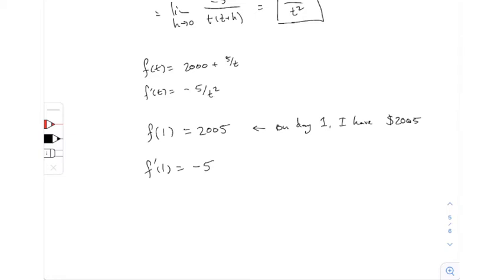And what that means is that is a measurement of how my account money is changing on day 1. So technically it means at the very beginning of day 1. So this one means on day 1, to be specific, I'm losing $5 per day, right? That's what the minus 5 there means. So technically it means at the moment of the beginning of day 1, like at time t is exactly 1, at that moment, I'm losing money at a rate of $5 per day, right? That's what these things mean.